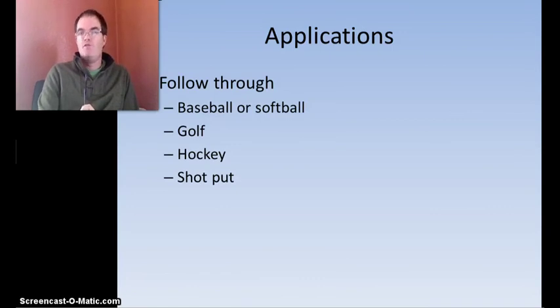In another video, you're going to look at follow-through. The author of our textbook is going to talk about how follow-through is important in sports, and how impulse is used to explain how different types of sporting activities work best.